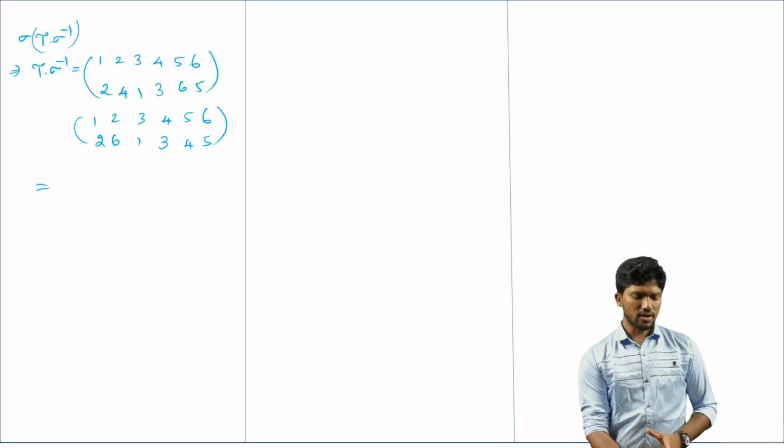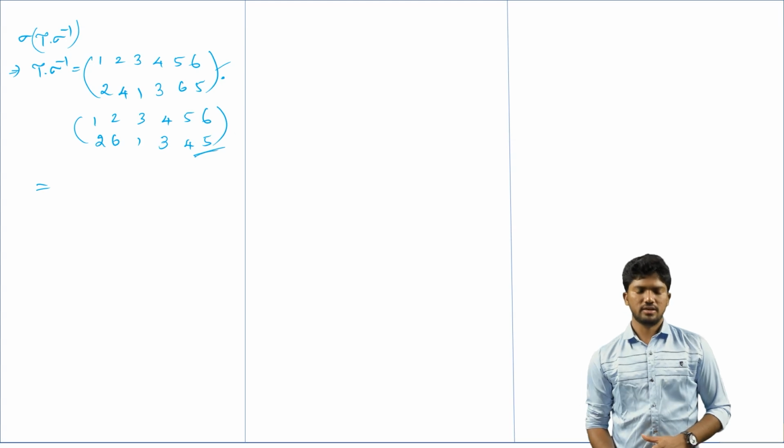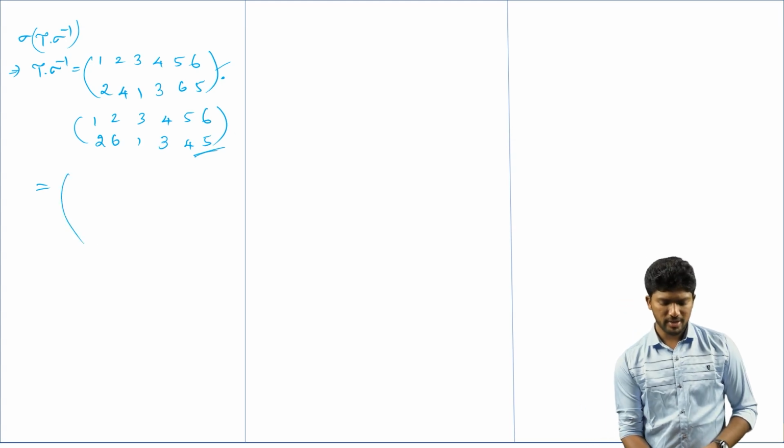Okay. So this is the tau value, into this one is the sigma inverse value. Now I am writing their multiplication.